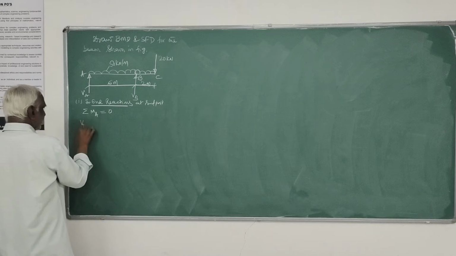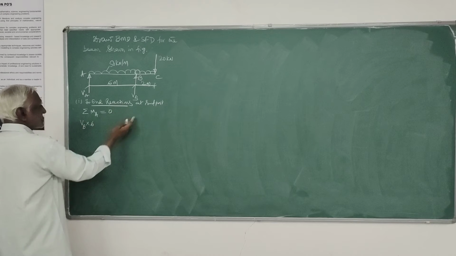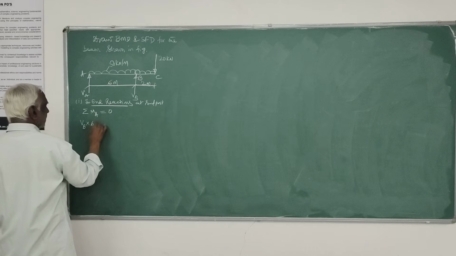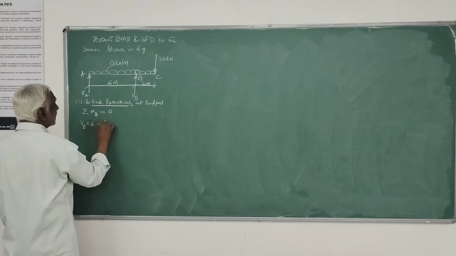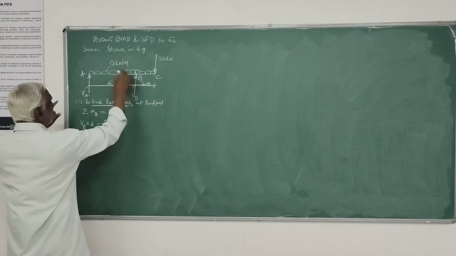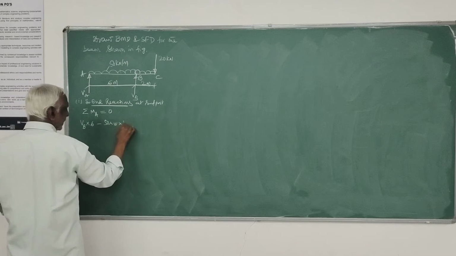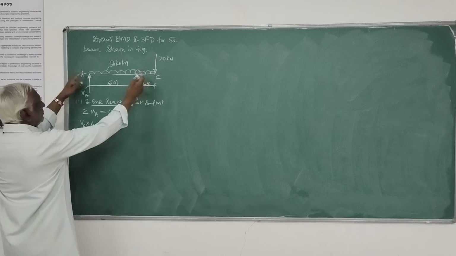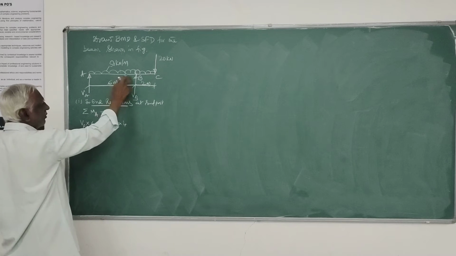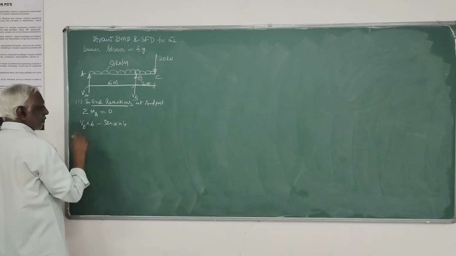Then you will get VB into 6 anti-clockwise, then this load that is clockwise minus 50 into 8 meters, which is acting at the center at a distance 4. 50 into 8 which is acting exactly at the center of that AC portion, that is 4.